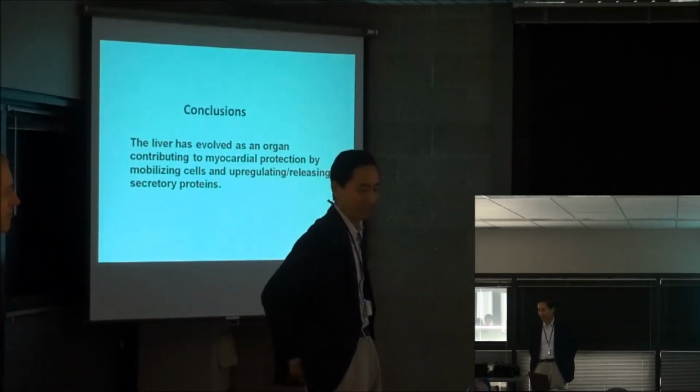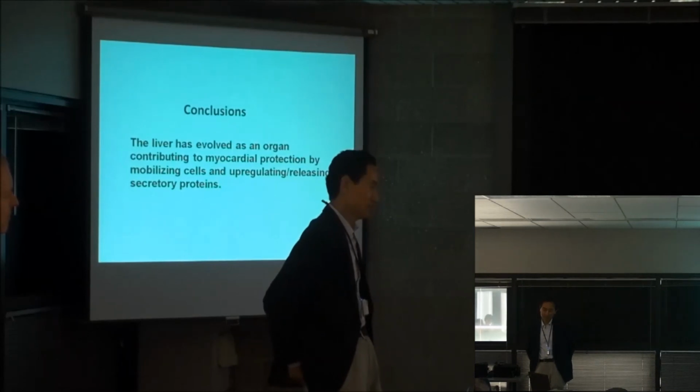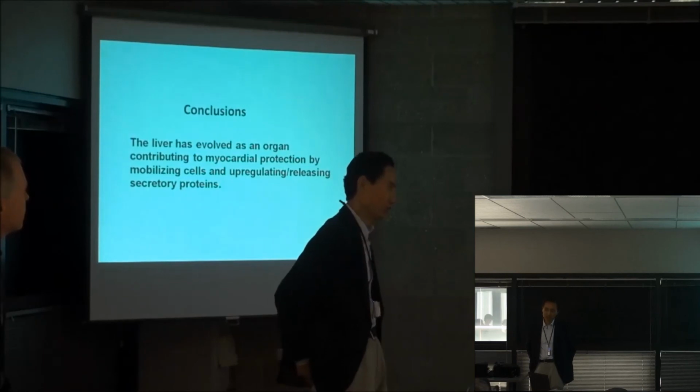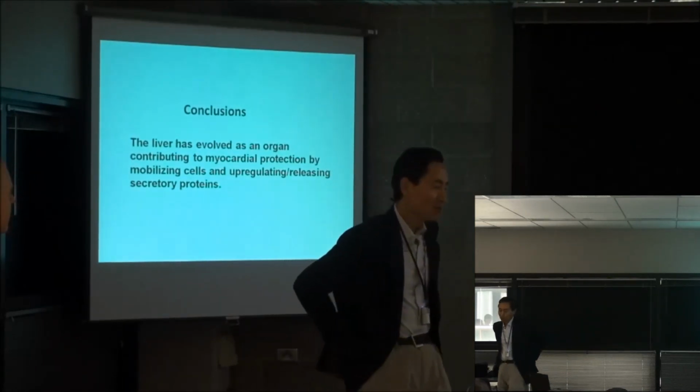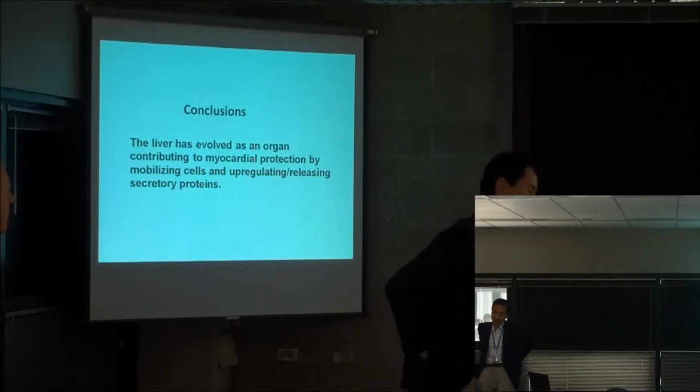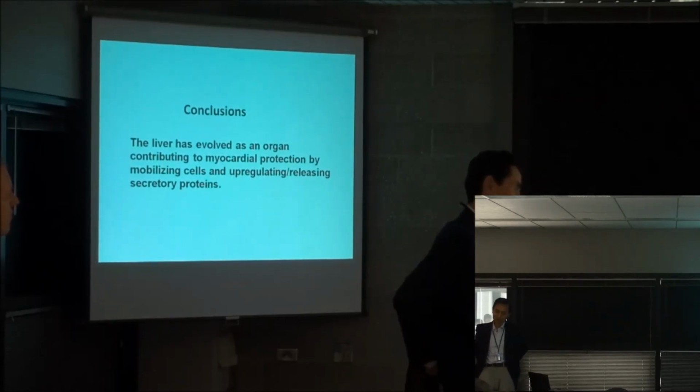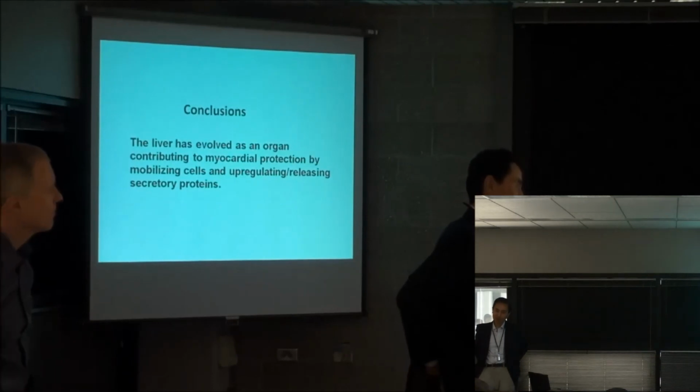Yeah, that's really a question. You got to the point. We spent two years and we could not answer that question. Both liver cell homing to the heart and direct liver cell secretion of these proteins will work in terms of myocardial protection. But which one is more important, I don't know.